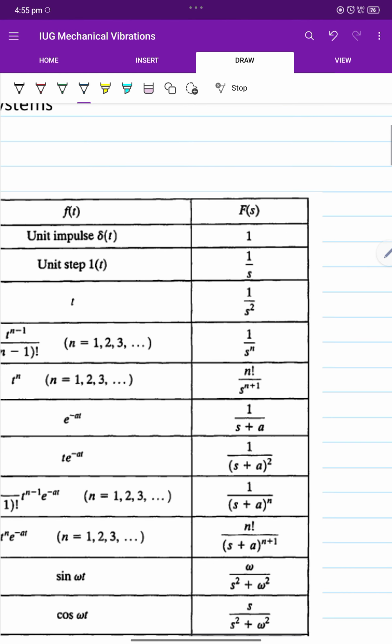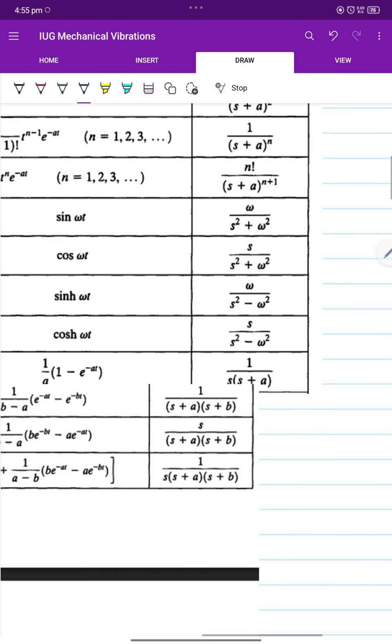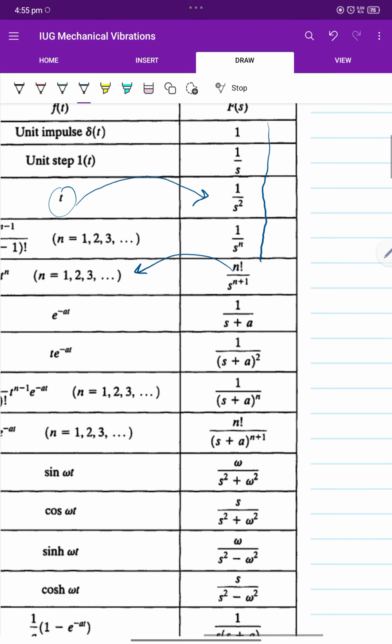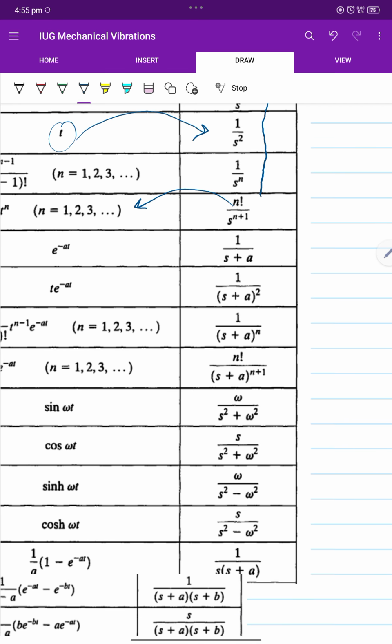In this table you have a time domain function and the Laplace transform of that one. Currently we are already in the Laplace domain, so we are trying to go back into the time domain. So I'm trying to arrange all my fractions in such a way that it matches any of these or a combination of these, so that I can directly transform that back into the known corresponding time domain function.